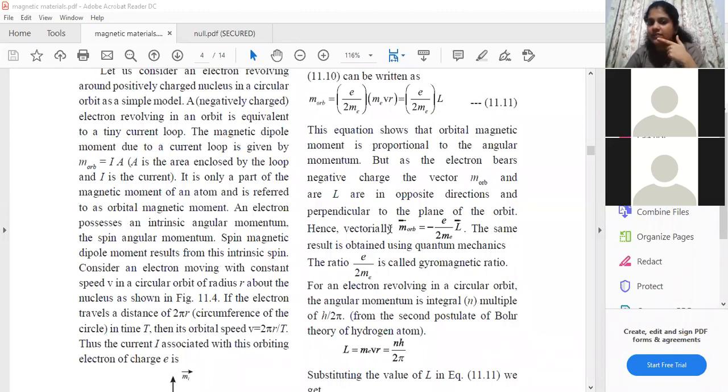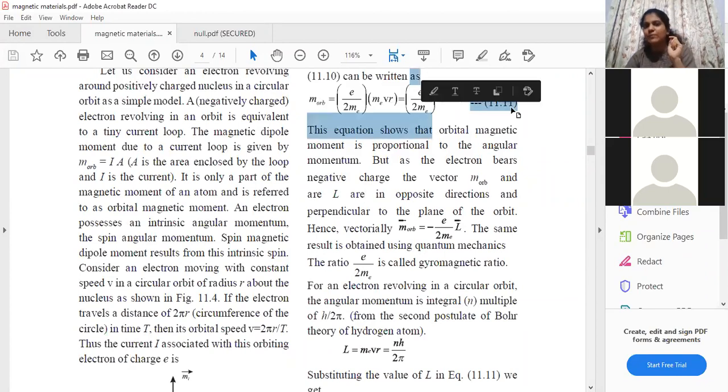If I have to write it in vector form, I have to consider the direction as well. Let us read what is written. This equation shows the orbital magnetic moment is proportional to the angular momentum. With this formula, M is equal to eL upon 2m_e, we can, this e and 2m_e part, I'll mark it. Wait, just a minute.